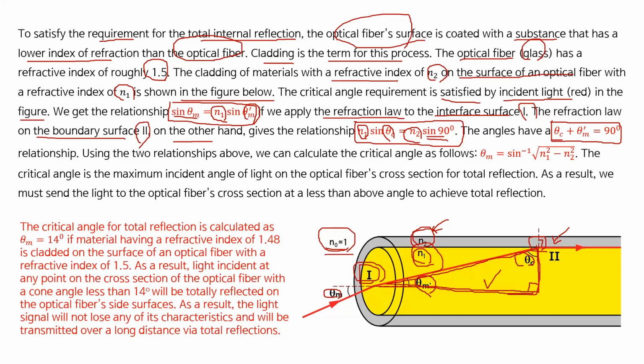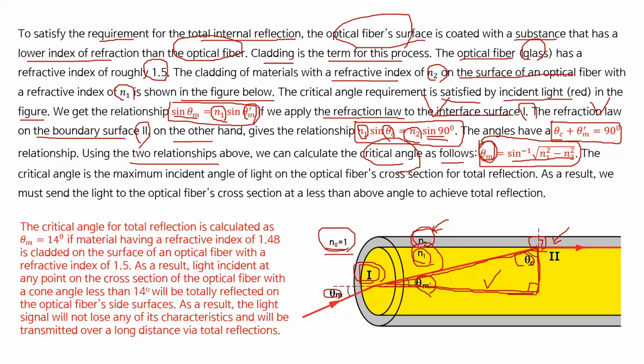So using these two relationships above, this one and this one, we can calculate the critical angle as follows. This equation gives the incident angle for internal refraction.